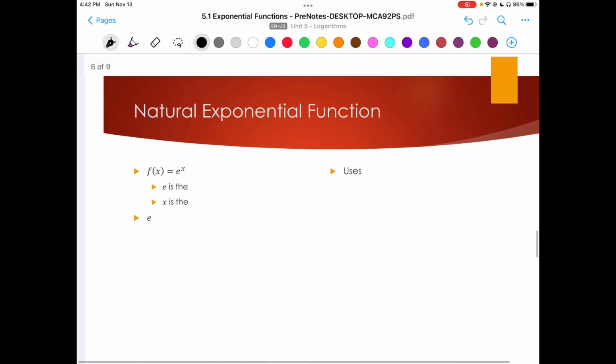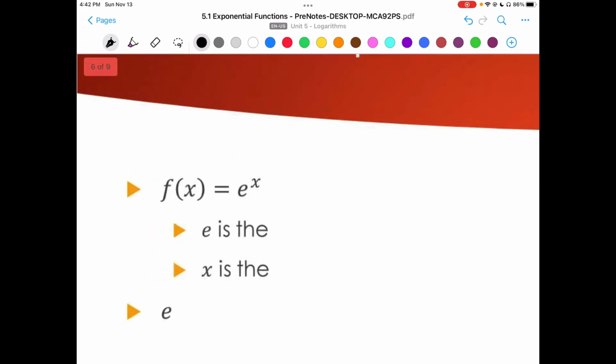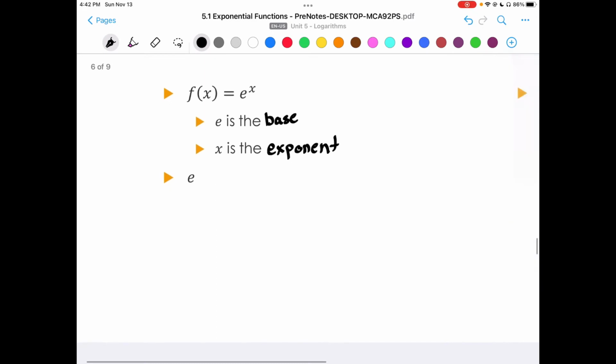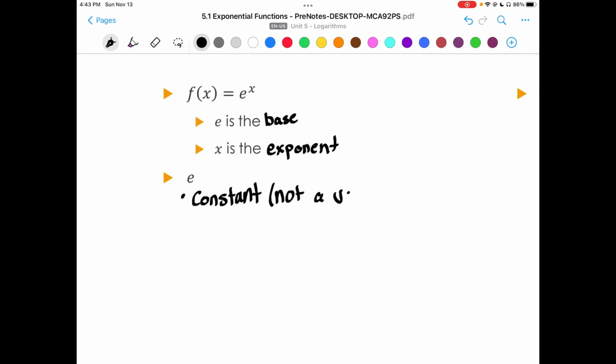Let's talk about something special. This is called the natural exponential function, and it looks like this: f of x equals e to the x. Now, e in this case is our base, and x is our exponent. If you don't know what e is, it is a constant. It is not a variable.